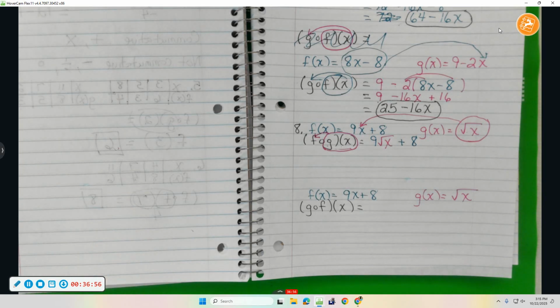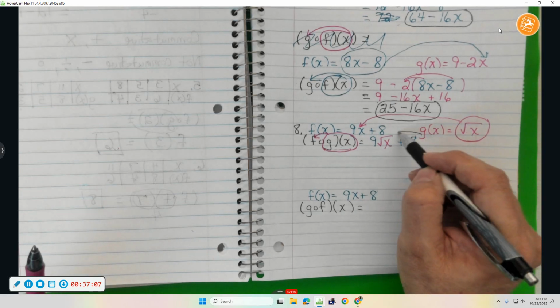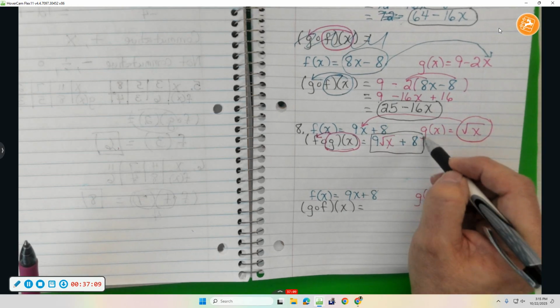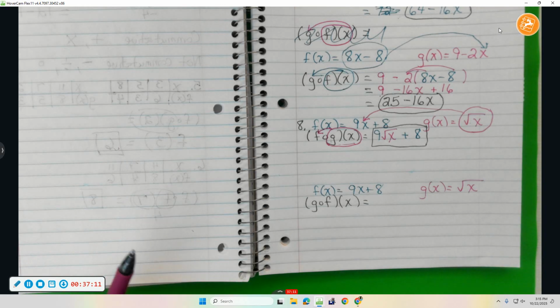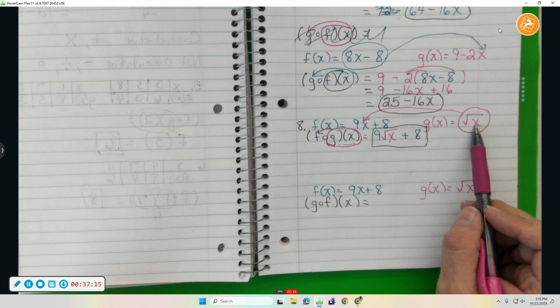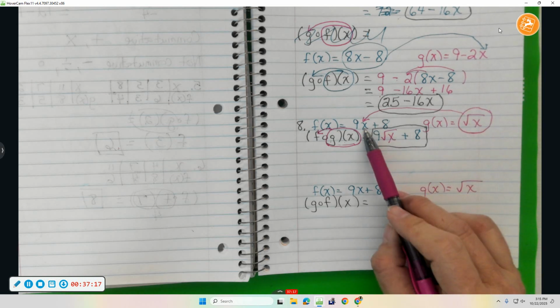If you just look at the finished product, what did I do? I just wrote down the problem and wrote down the answer and drew a few arrows. Well, yeah. That's your answer. 9 square root of x plus 8. So we're plugging square root of x into the function f.